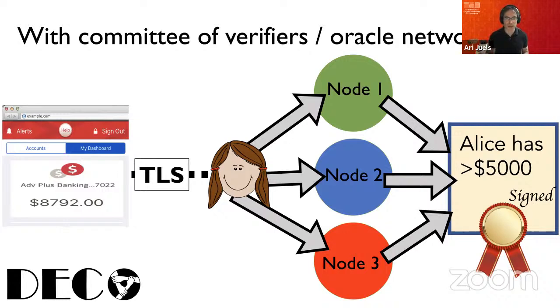This subset of nodes, having received a proof from Alice that her bank account is above $5,000 in this example, can jointly sign a statement to that effect that becomes a decentralized identity credential. So this network can verify that something Alice is claiming is true and enshrine that truth in a document that Alice can then present to third parties like Bob or a bank from which she wants a loan.